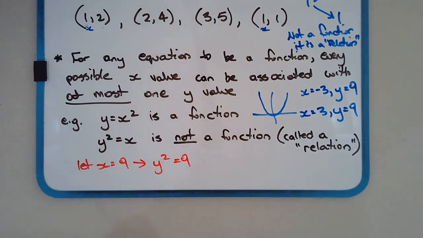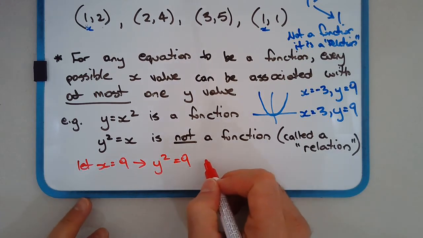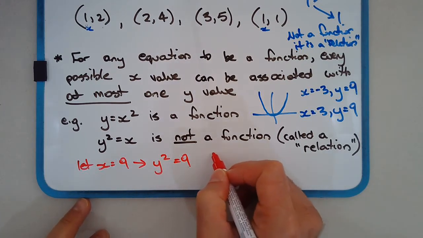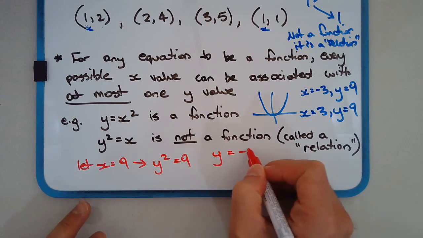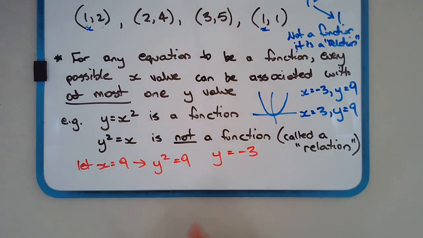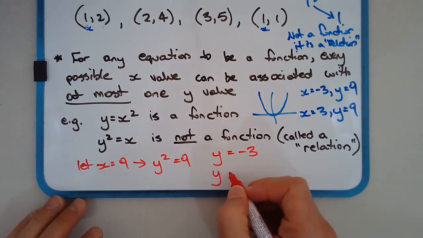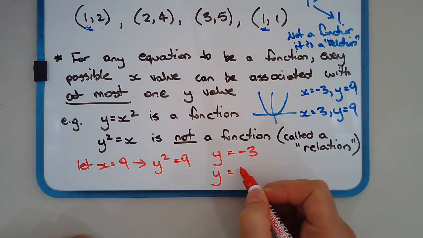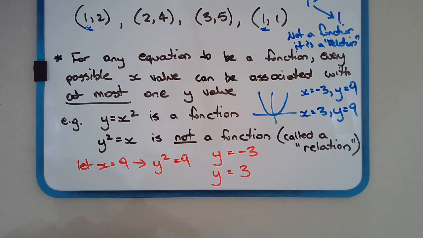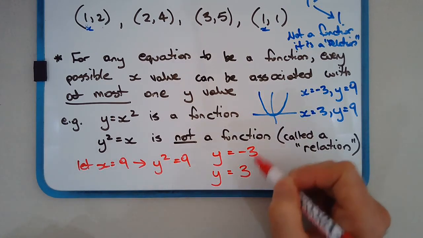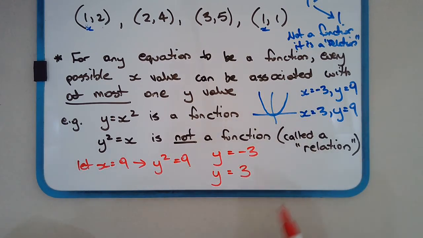If we let x equal 9, that's our independent variable. y squared equals 9. We can see here that we have two cases. y can equal -3, because -3 all squared gives you 9. y can also equal 3. So we have two y values associated with the one x value.